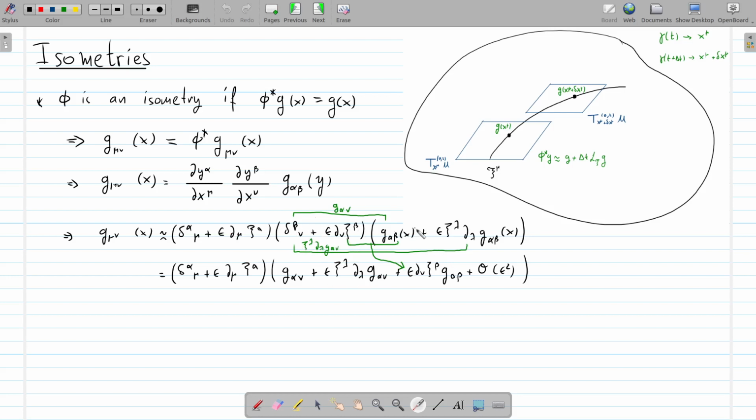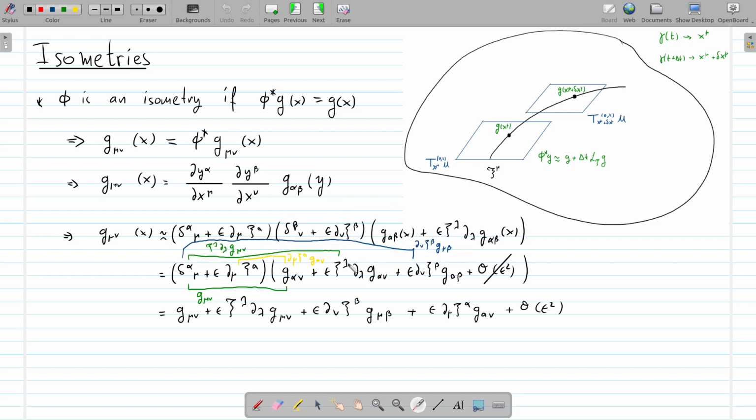First we multiply the two parentheses here, and then we take the result and multiply it with the leftmost parenthesis there. And in the end, if we ignore terms of order ε², we have this expression that is of 0th order in ε and 1st order in ε here.